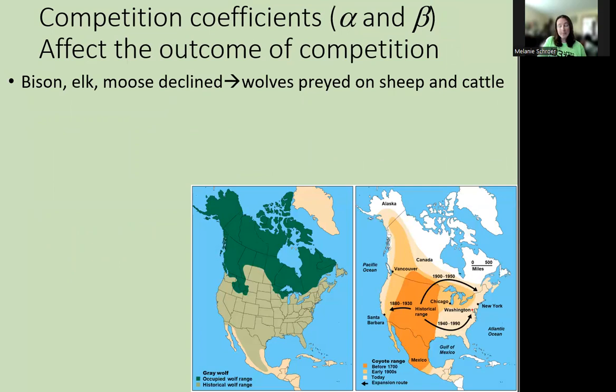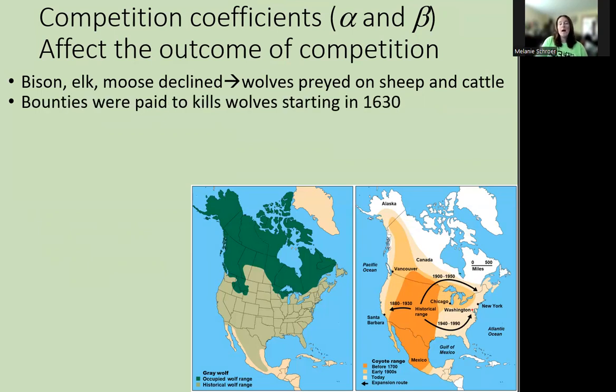So historically, the range overlapped quite a lot. When European settlers arrive, bison, elk, moose, all of these prey species declined for a lot of different reasons. And so wolves started to prey on the sheep and the cattle that were being raised by the European settlers. And so that did not go over so well, as you might imagine.